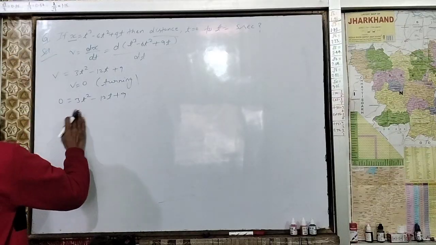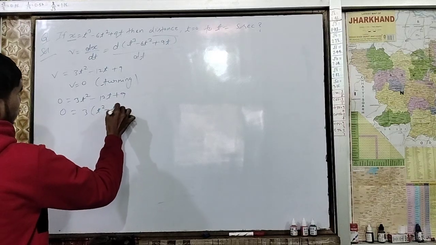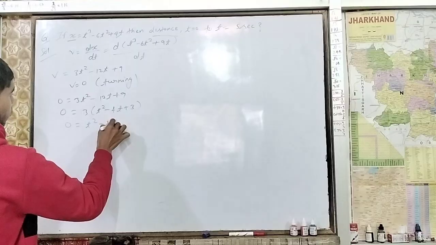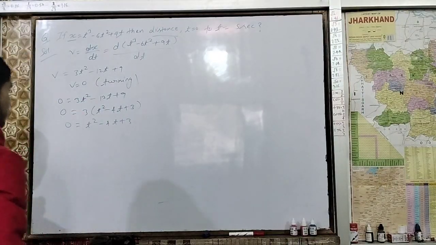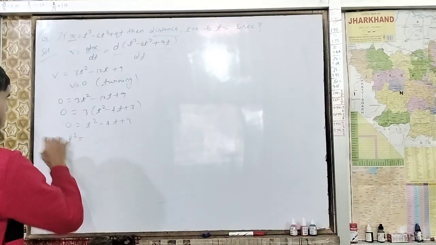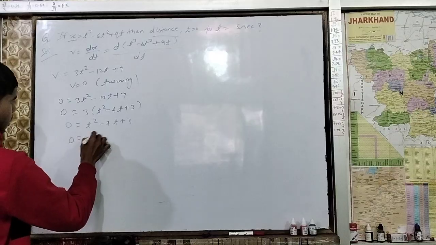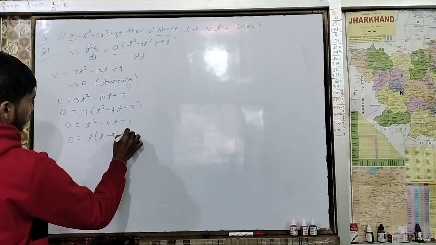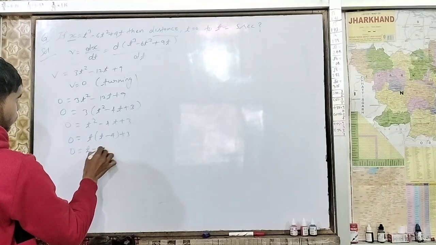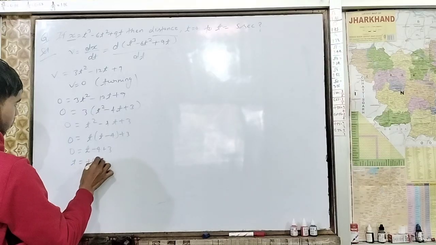3 is common. So t square minus 4t plus 3. Again, t square will be as it is. Factorizing, t minus 1 and t minus 3.